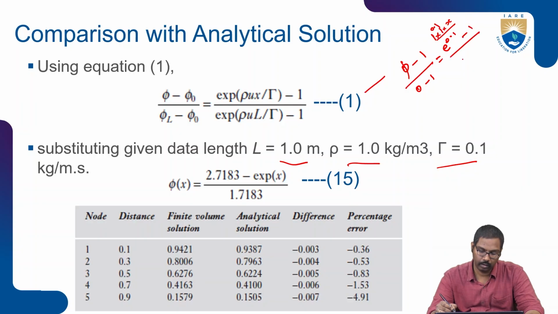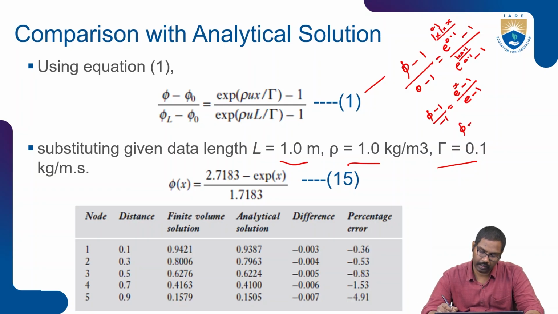Minus 1 upon exponential of 1 into 0.1 upon 0.1, minus 1. So what we get here is phi minus 1 upon minus 1 equals e power x minus 1 upon e minus 1. We know the e value is 2.7183.